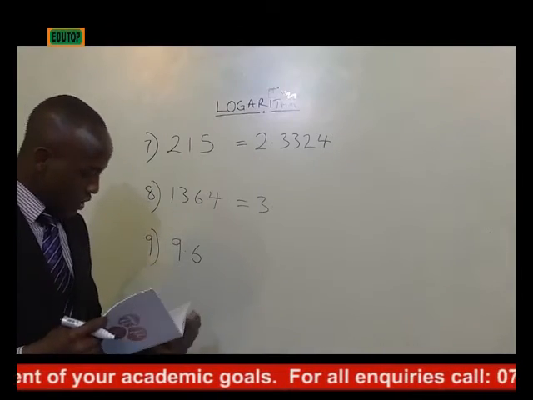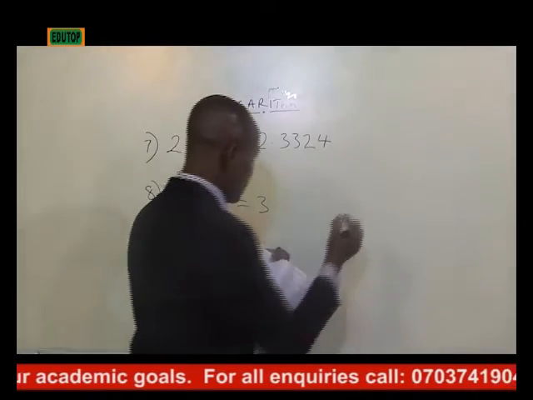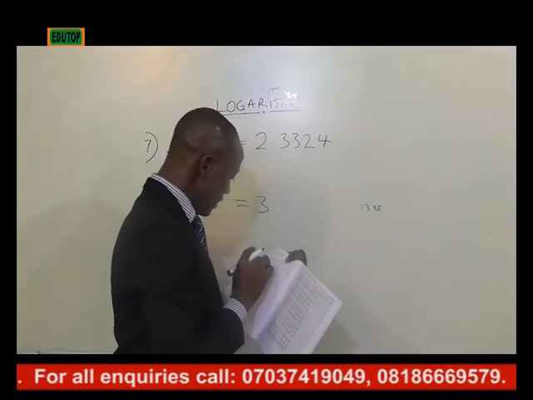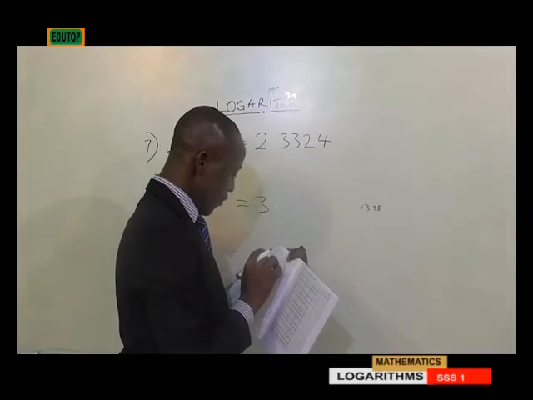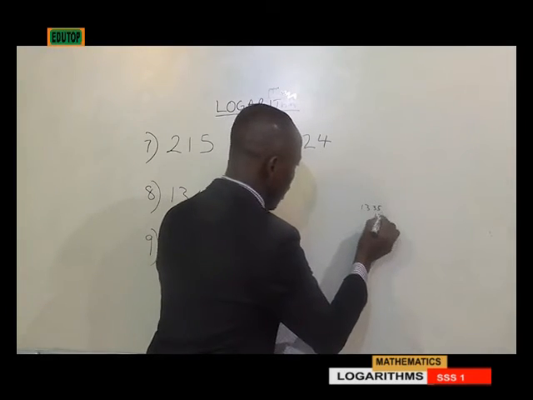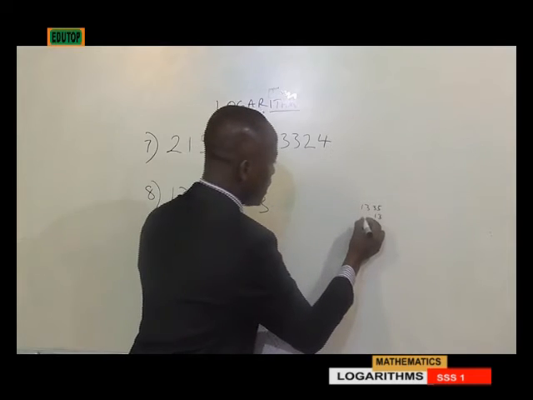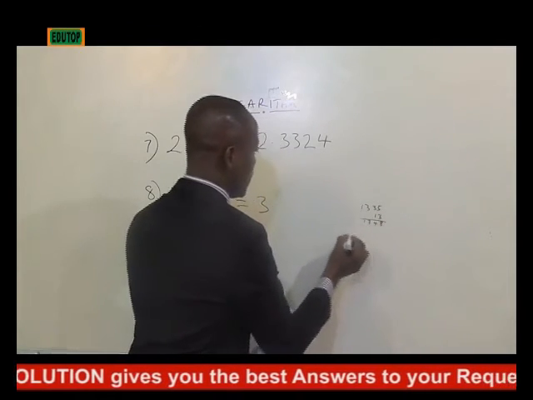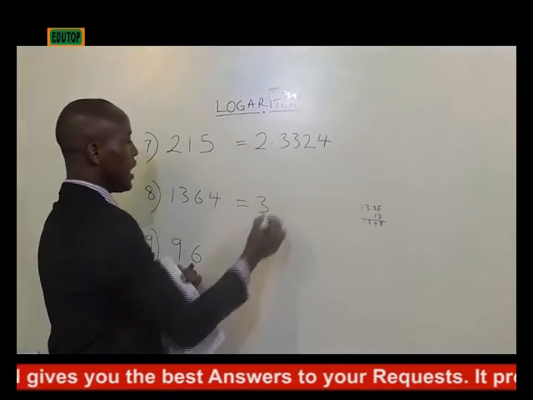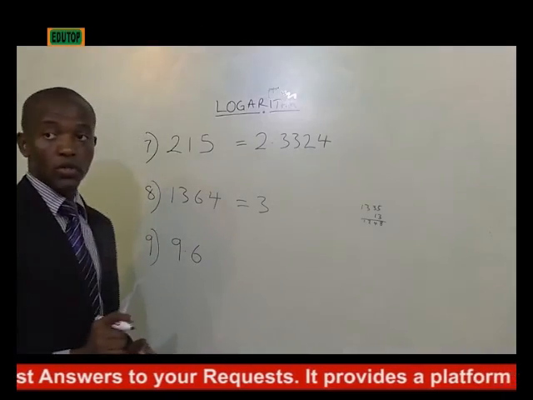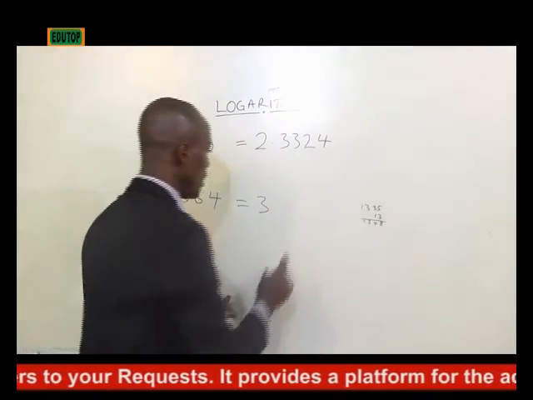What we are having under 6 is 1335, difference 4. You now add this 4 under the difference. You add it. That will be 1339. So that's what we are going to have under our decimal fraction, which is our mantissa.